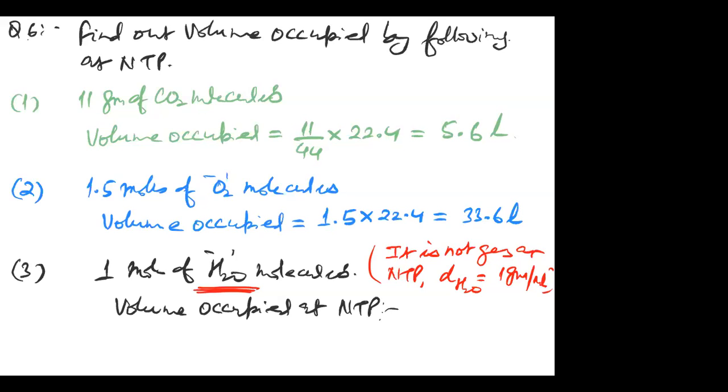Again, I'm repeating here: as water is not gas at NTP, which is 0 degrees Celsius and 1 atmosphere, you can't apply that 1 mole of water molecules occupies 22.4 liter. So here, for 1 mole of water molecules, the volume occupied at NTP should be calculated from density, which is 1 gram per milliliter, and 1 mole of water is 18 gram.